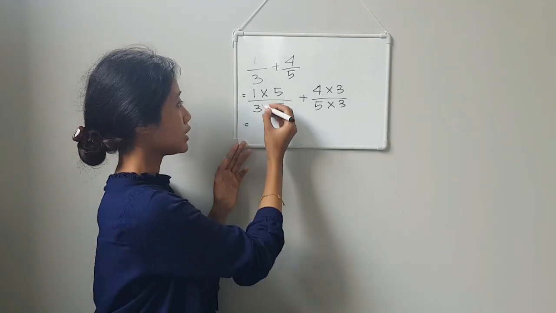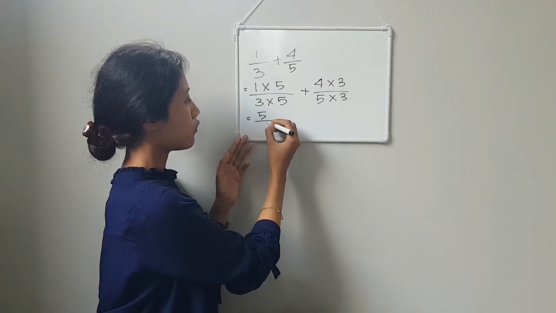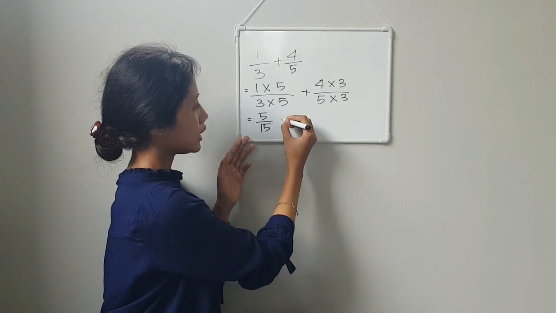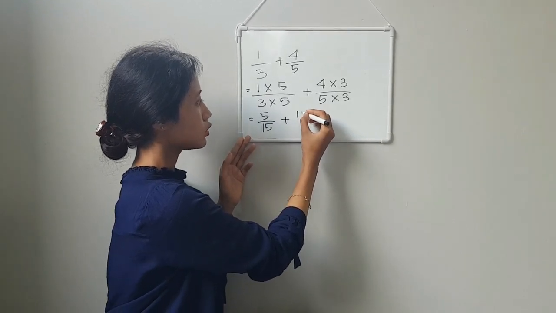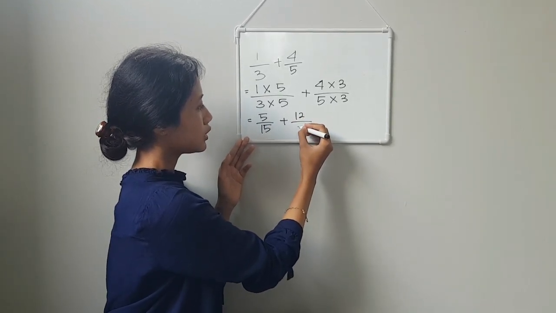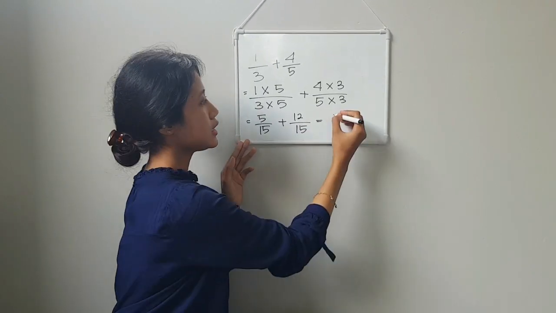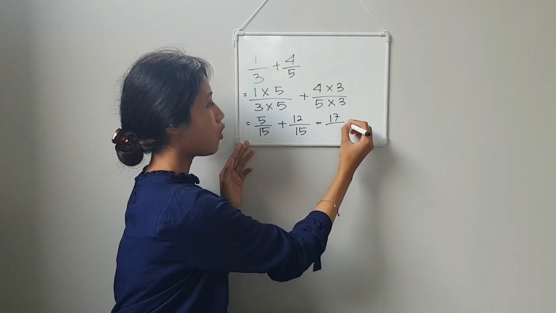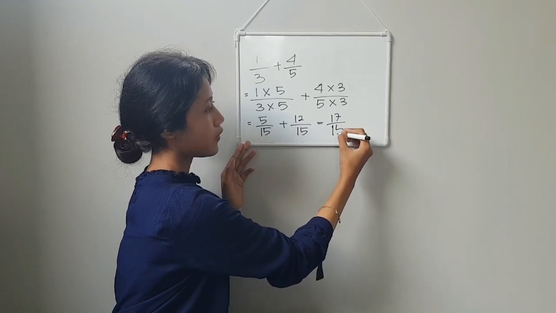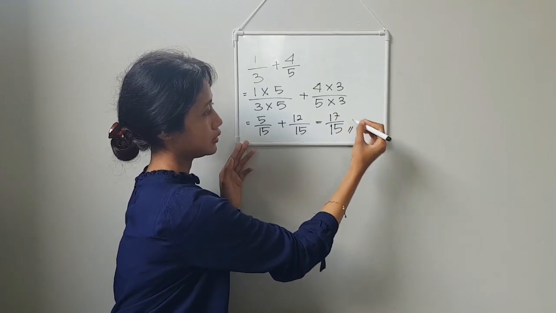And the answer is 5 over 15 plus 12 over 15, and the answer is 17 over 15.